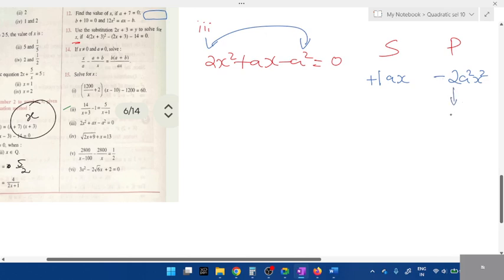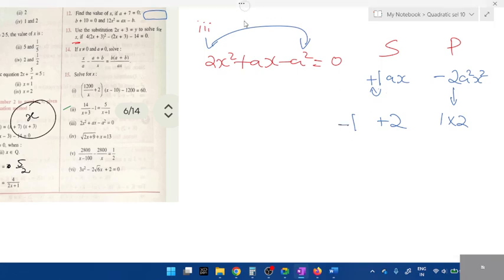Tell me the factors of 2. 1 into 2, 2 into 1. Which combination gives you 1? 1 into 2 gives 1, right? If you subtract. Okay, let me take 1 and 2. Before 1 there is plus, put here. What should I put before 1 so that you get 1?